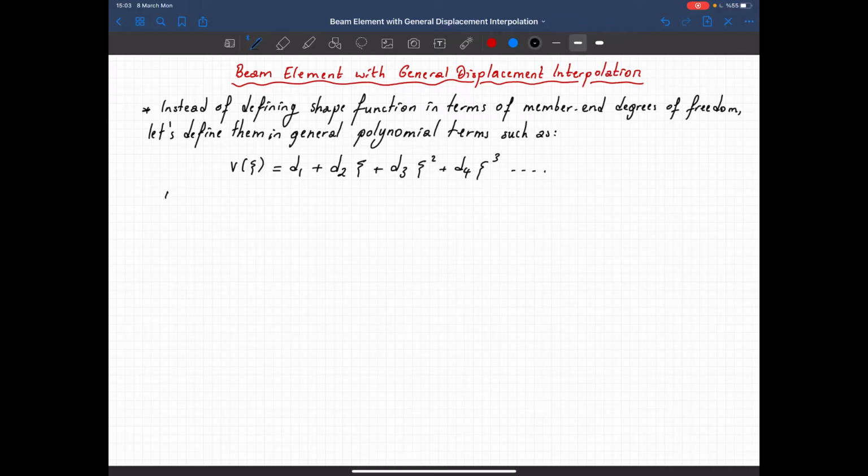And in that case, psi is equal to 2x minus L over L, the same variables that we use in the Hermitian polynomial case. Now I will be using Legendre polynomials for the interpolation. I'll just write down what they are and plot them.